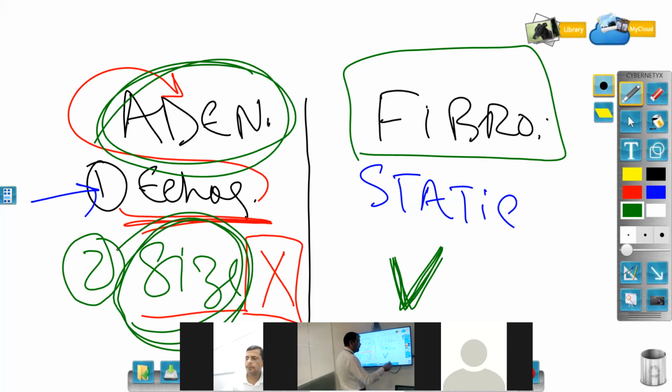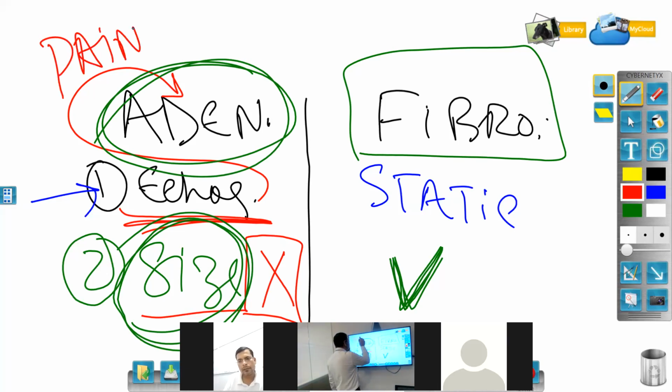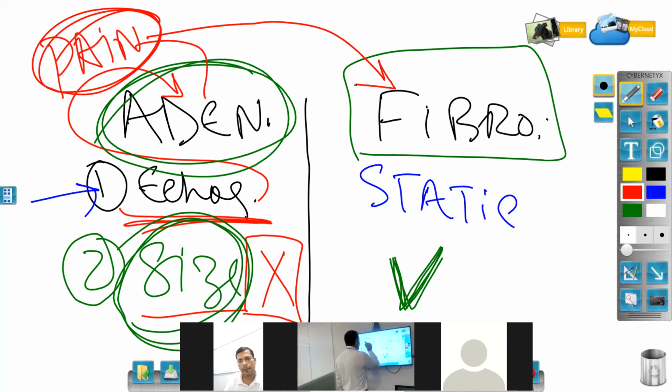Now, the pain. Now you will think and tell me whether the pain will be cyclic in case of adenomyosis or in case of fibroid. In your comment boxes now.